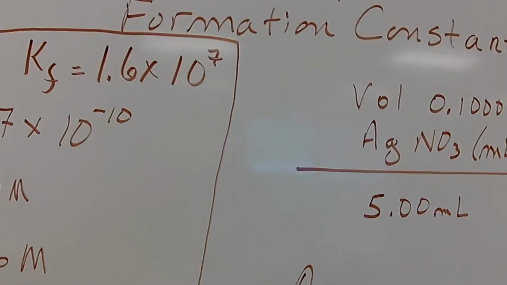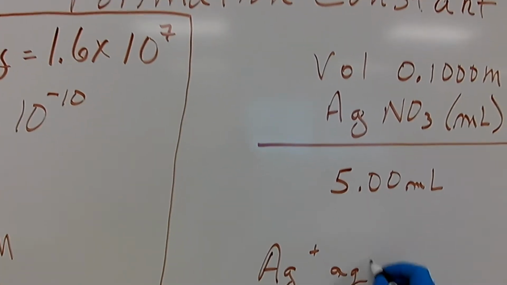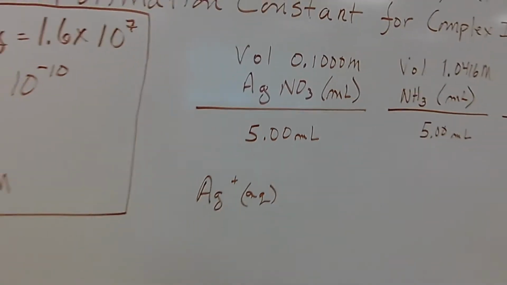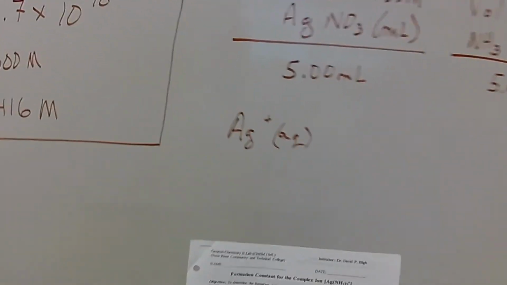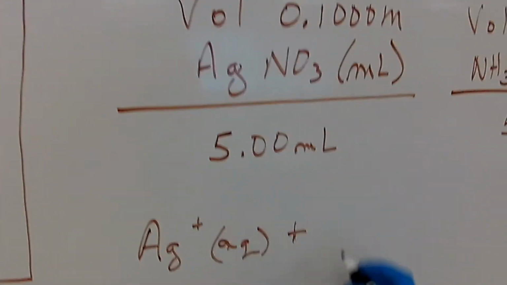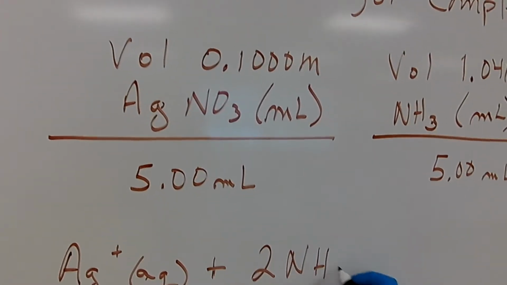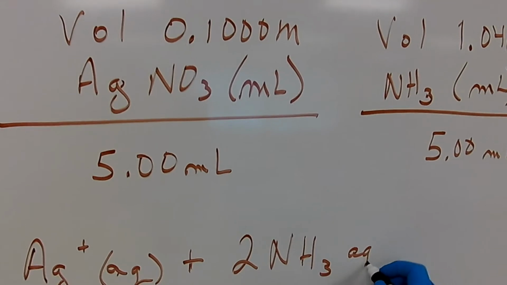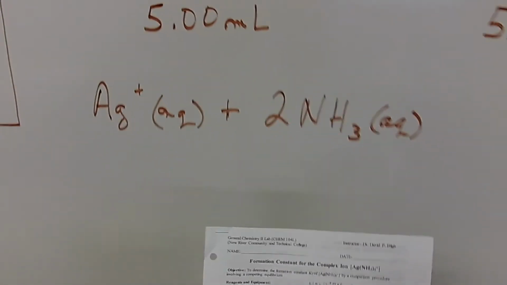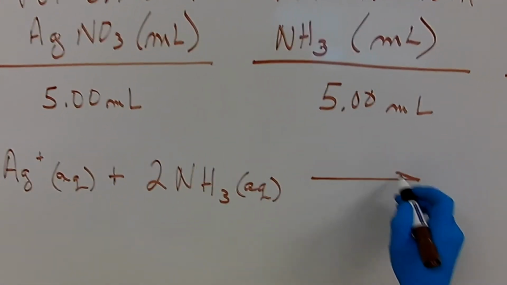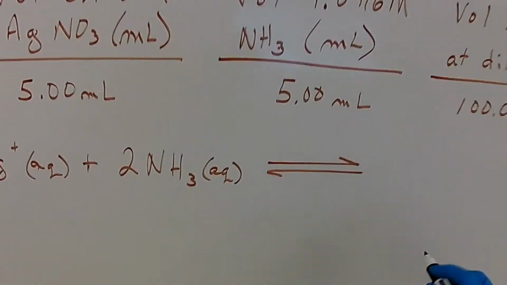Silver in solution, right? We added it as silver nitrate. Silver in solution plus 2 moles for every 1 of ammonia in solution. Okay? And this is in equilibrium with that complex ion.